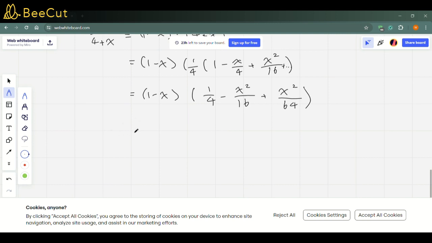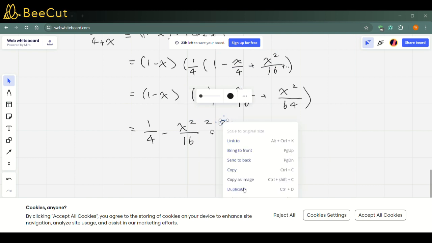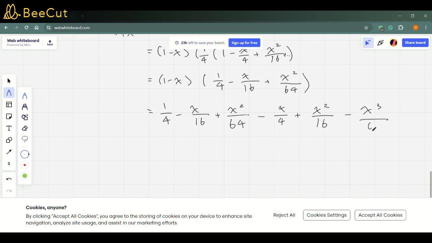And expanding this gives 1/4 minus x over 4 plus x squared over 16 minus x cubed over 64. Now that's going to be part of the fourth term, so we don't really care about that.